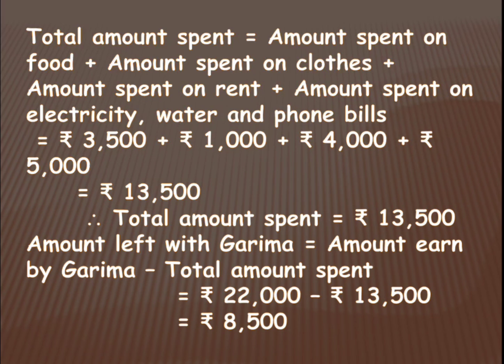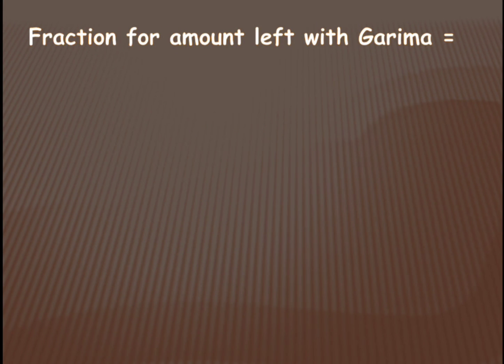Now we have to find the fraction for the amount which is left with her. So how can you calculate this fraction? For a fraction you will get a numerator and a denominator. What you are finding the fraction for is the amount left with Garima.